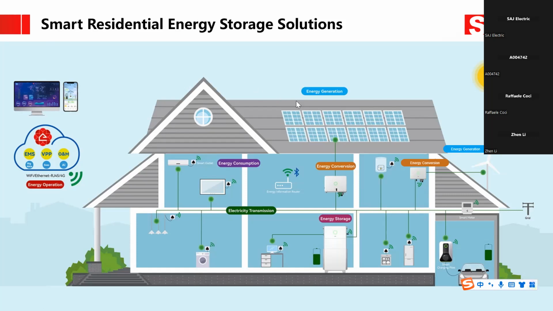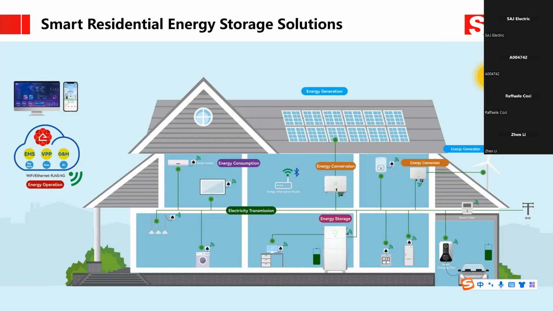During the entire process, including energy generation, conversion, transmission, storage, and consumption, our inverters, batteries, and EV chargers will generate tons of data, including generation power, charge power, and discharge power. All of that data is uploaded to our cloud, and the clients can use the PC or phone to access their data easily.